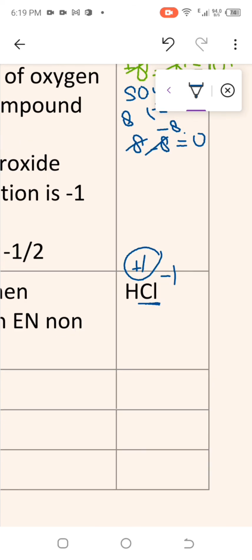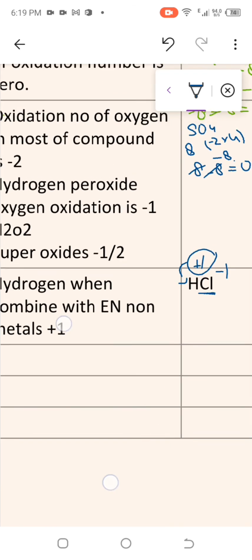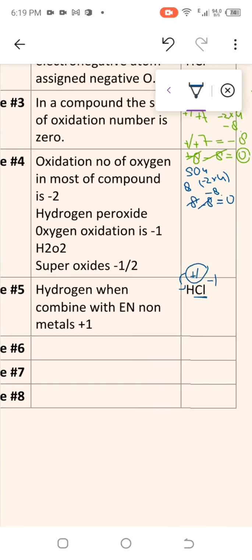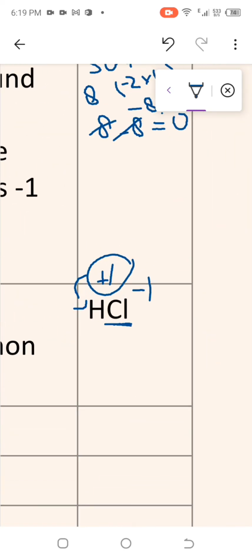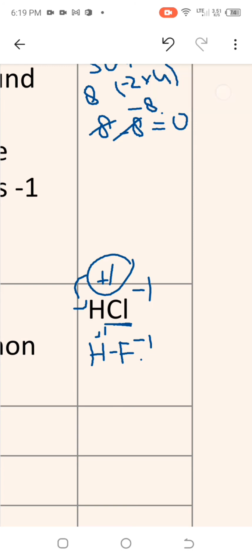Same, we can go with another example, which is hydrogen fluoride. Here you can see fluorine is more electronegative, so it contains -1, and hydrogen is +1. Fine. So this is how we can give the oxidation number.